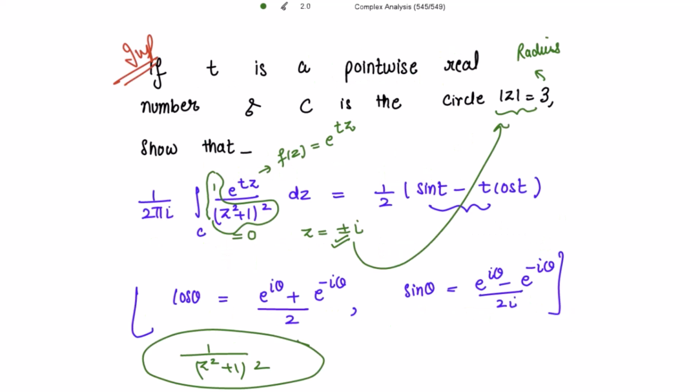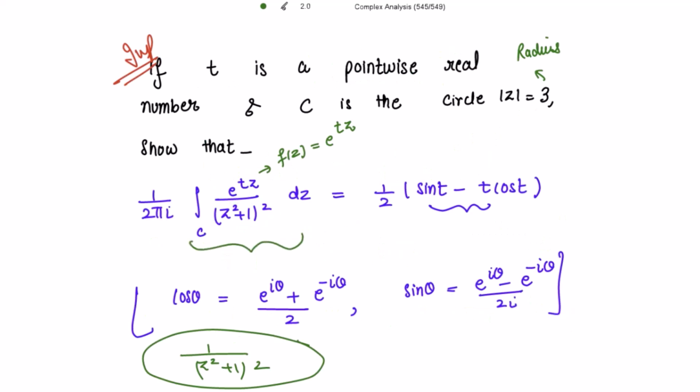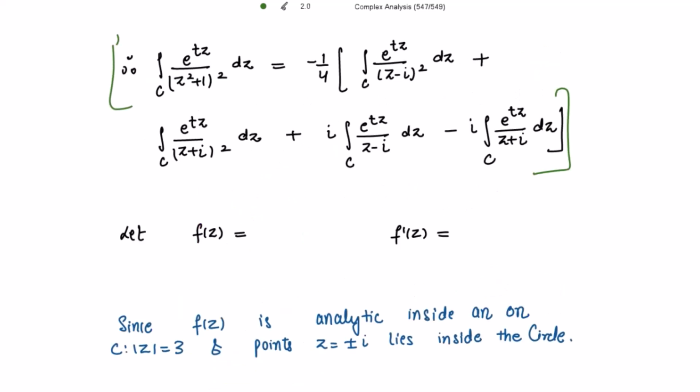Now our given integral is this one, right? So this given integral is now equal to this. After partial fractions, we have separated this integral into these 4 integrals, right?